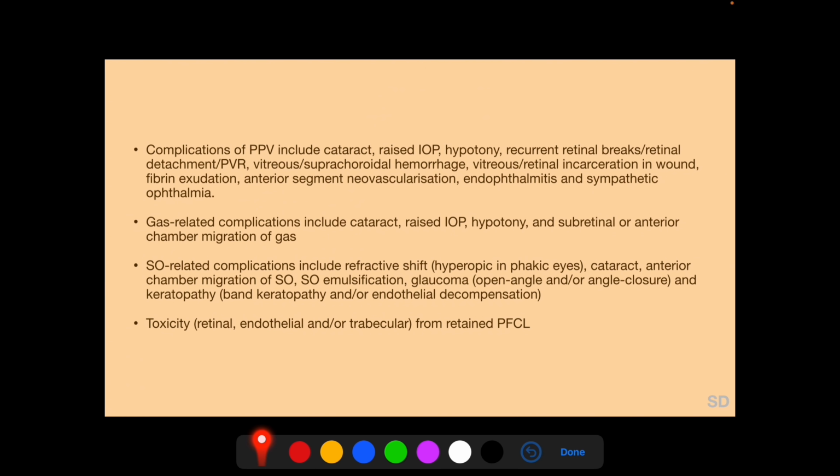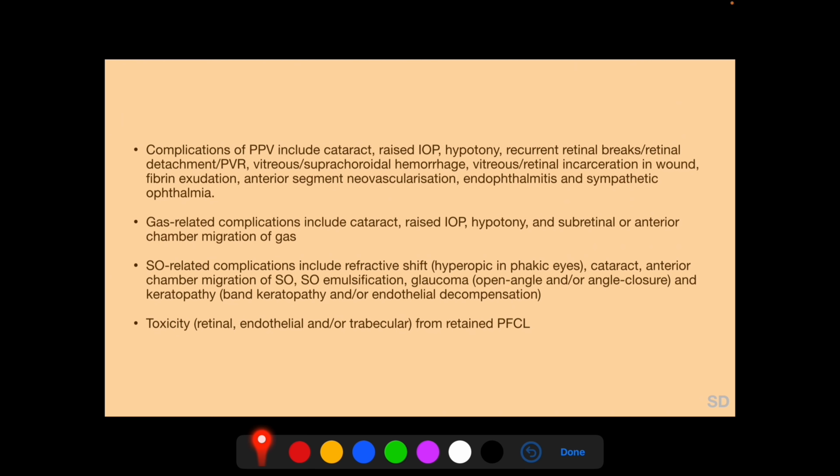Complications of pars plana vitrectomy include cataract, raised intraocular pressure, hypotony, recurrent retinal breaks, retinal detachment, and proliferative vitreoretinopathy, vitreous and/or suprachoroidal hemorrhage, vitreous and/or retinal incarceration in wound, fibrin exudation, anterior segment neovascularization, endophthalmitis, and sympathetic ophthalmia.